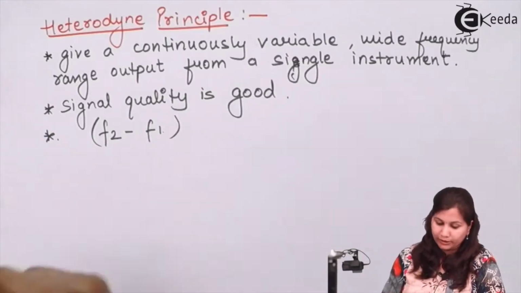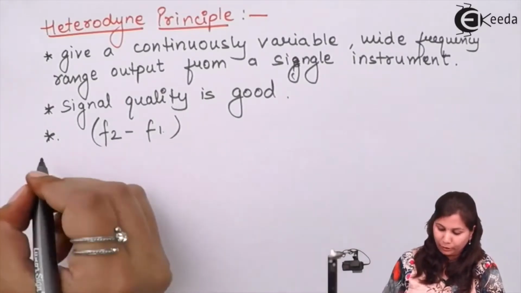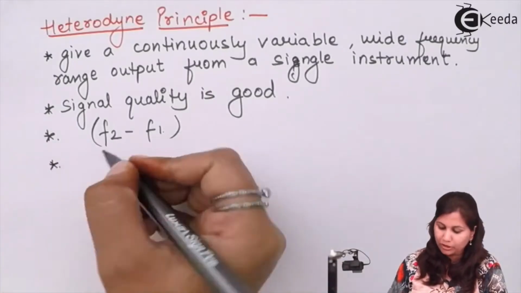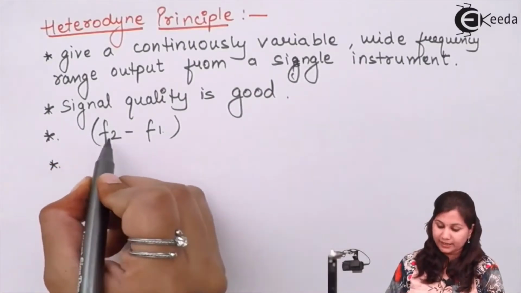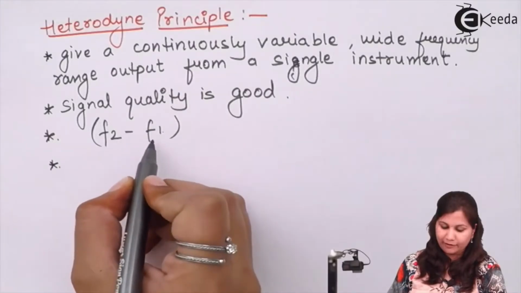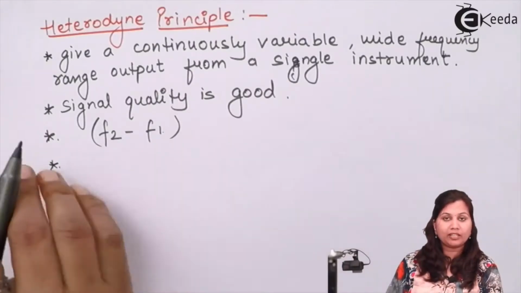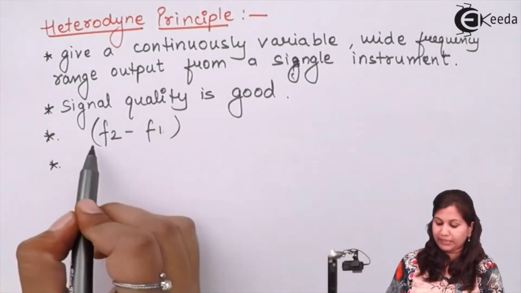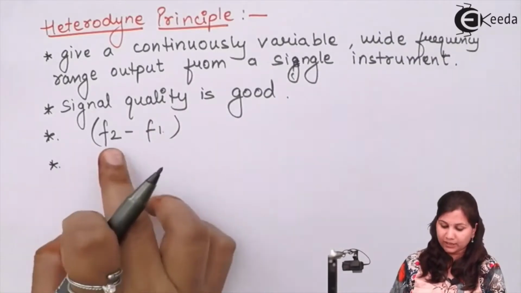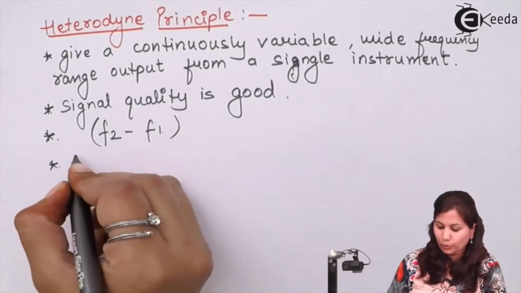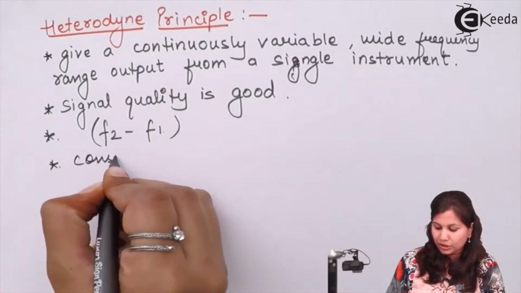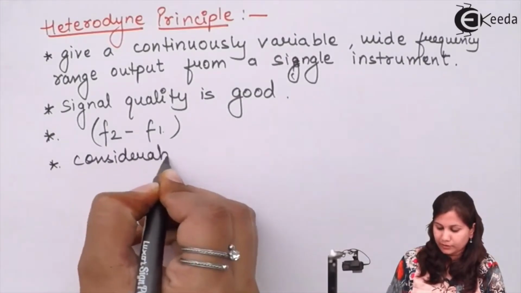The output frequency is the difference f2 minus f1, so if these frequencies are very close to each other and we make any slight change in either frequency, it is going to produce a considerable amount of distortion.